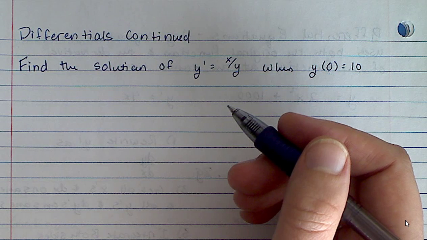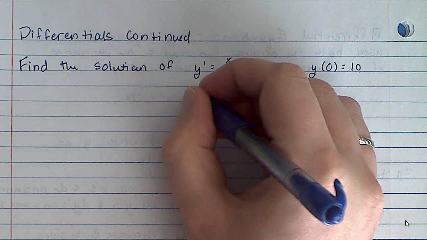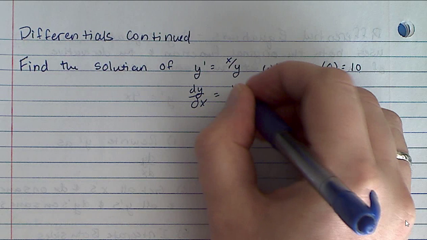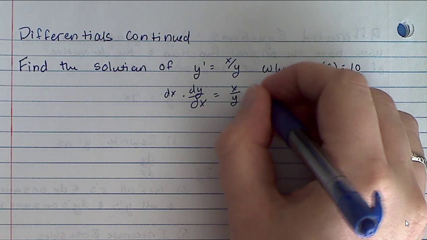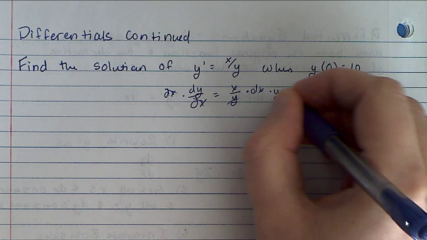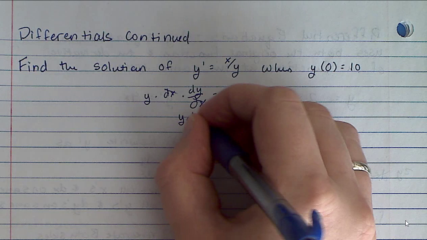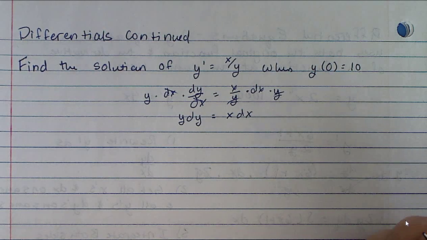Okay, so I'm going to replace y prime with dy/dx equal to x over y, and then multiply both sides by dx. These cancel. Multiply both sides by y. These cancel. And I'm left with y dy equal to x dx. And then I'm going to integrate both sides.